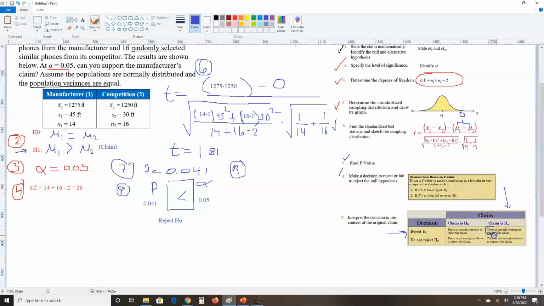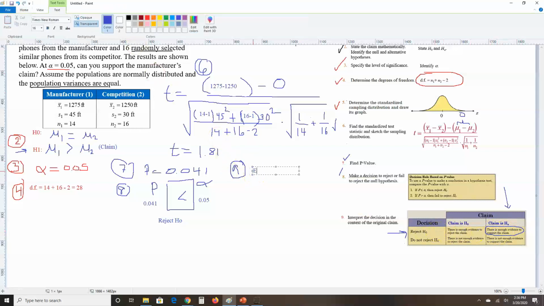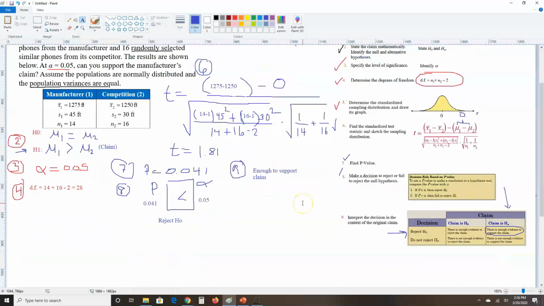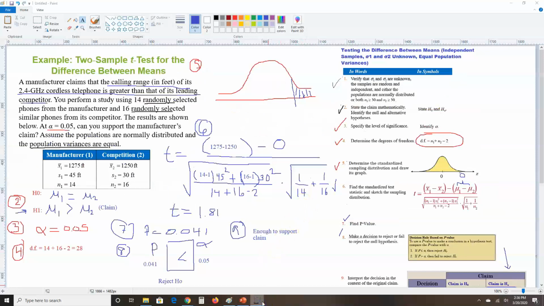And look for the intersection of the first row and last column. And look what it says. There is enough evidence to support the claim. And that's what I'm going to type. Enough to support the claim. What claim? That the cordless telephone of the first company, the mean distance is greater than the competitor. All right. I hope this helped.